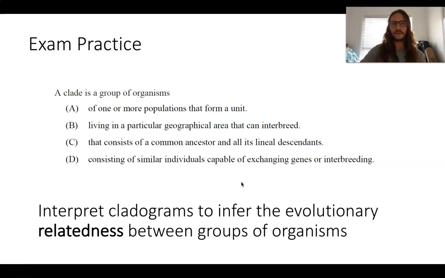The last learning goal was to interpret cladograms to infer the evolutionary relatedness between groups of organisms. Before we can interpret cladograms, I have to show you that there are 2 main types of cladograms that scientists use. Note that the ones that you've seen already are simplified versions.